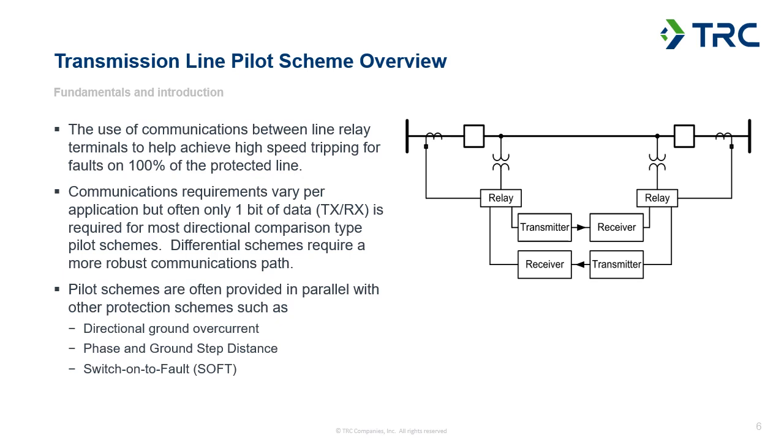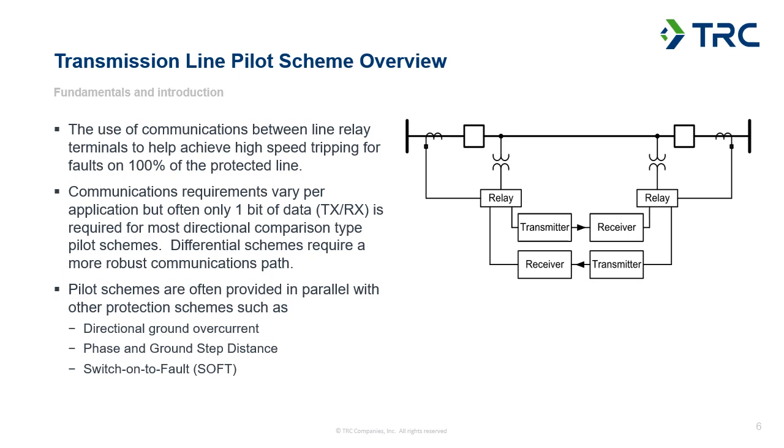And the rest of the line having a short time delay to allow coordination with other area relays that may operate instantaneously. So that's a pretty commonly applied scheme, but it does have some drawbacks.